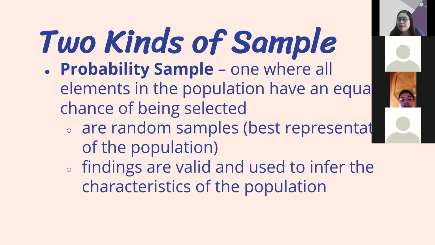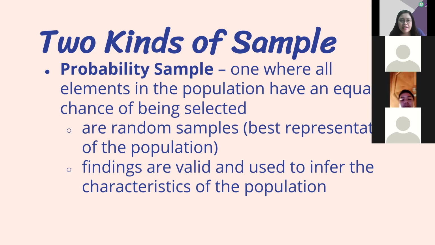So example, we have 500 people, that's our population size. And then when we computed for the sample size, we got 250, exact 50%. Then we will be randomly choosing 250 people from the 500 population size, random. So again, we will be giving them equal chance.